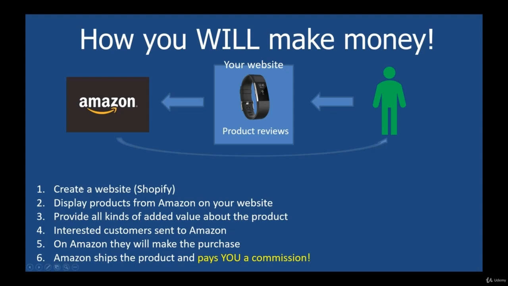This is my arrow going from here to here, right? Back to this person that first started. And then Amazon will pay you a commission for your hard work, all right? So if he buys a product for $200 or whatever it might be, you will get paid a commission on that product that that person has bought. And that is how you're going to make your money.